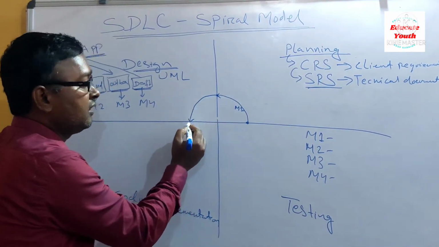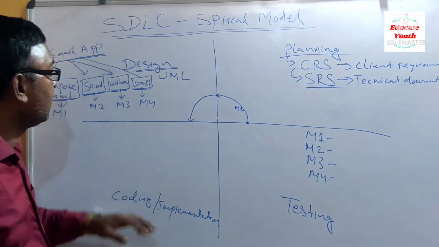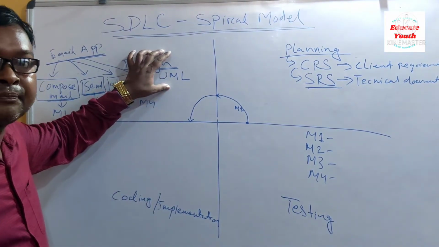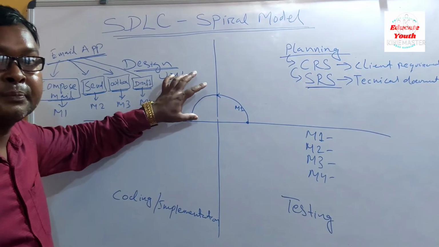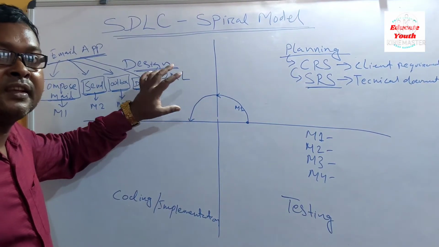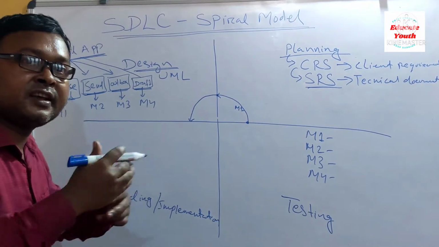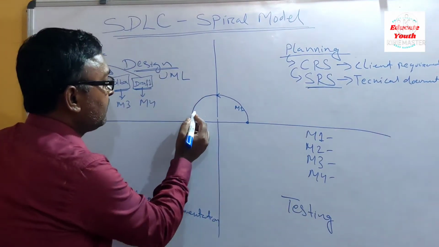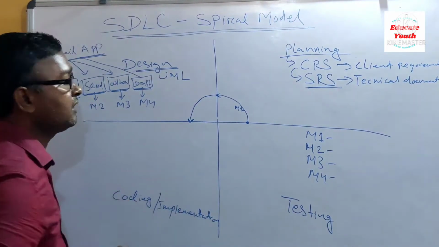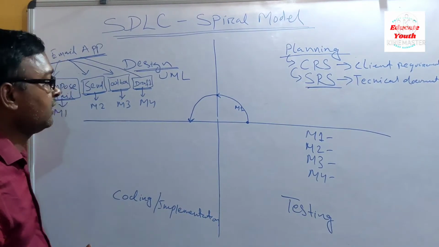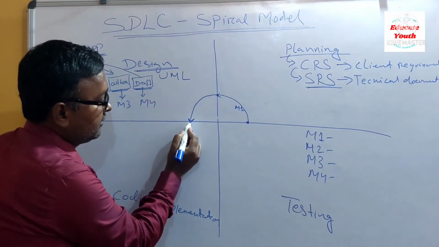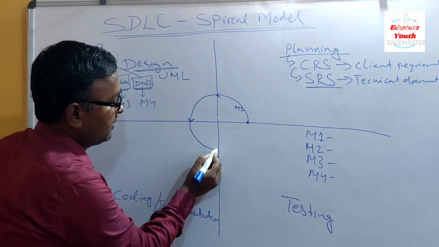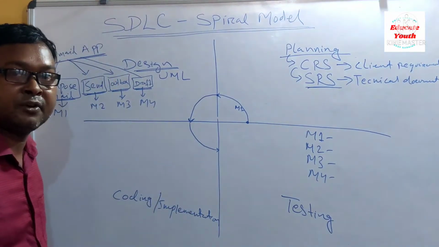Then I will go for the design part. I will use my UML language and I will pictorially represent my module 1, diagrammatically. So my module 1 design part is completed. Next I will go for implementation of my module 1.